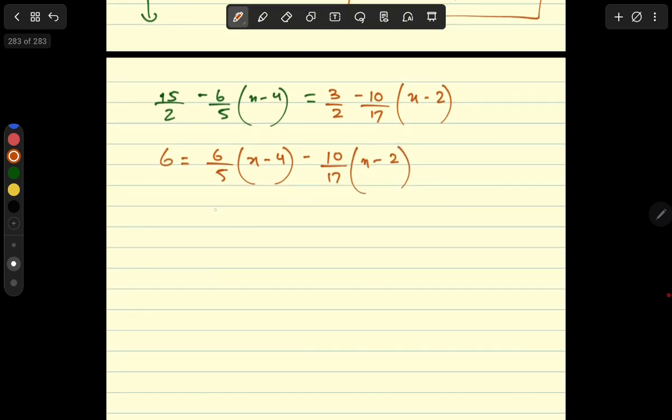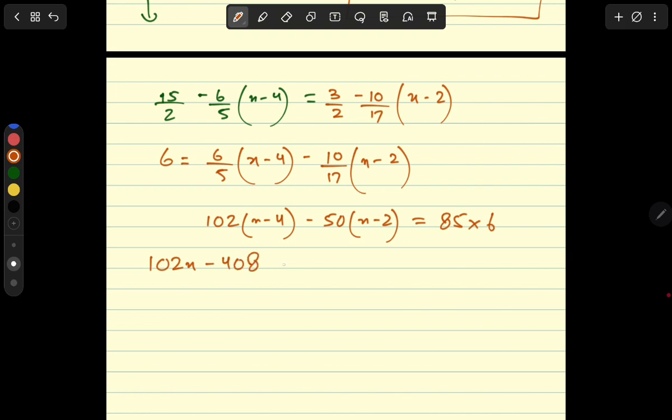So 17 times 6 is 102 times (x minus 4) minus 50 times (x minus 2) is equal to 85 times 6. You can do the math yourself as well. So this becomes 102x minus 408 minus 50x plus 100 is equal to 510.